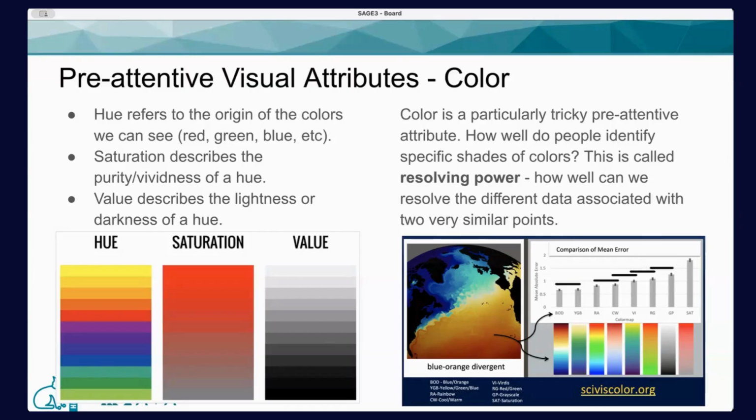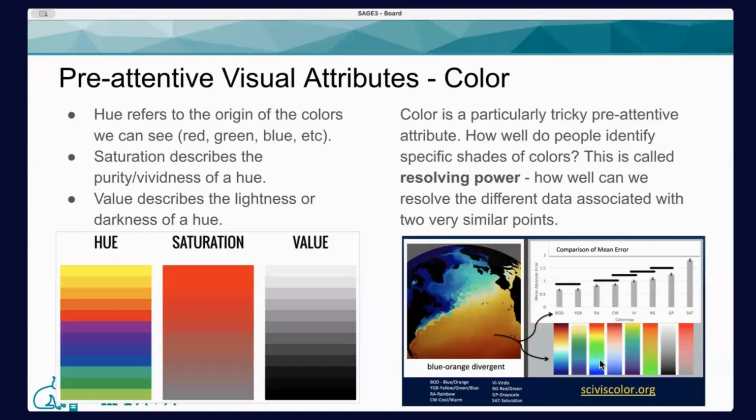And there are studies that try to understand which visualizations are better for what. This is an example of a choropleth, a kind of map visualization. Historically, it was very common to have this kind of rainbow effect on it.